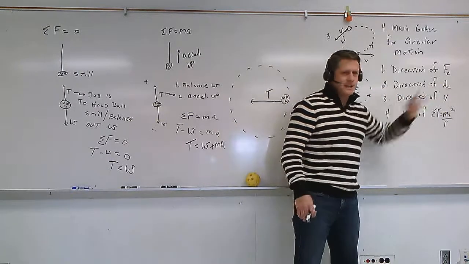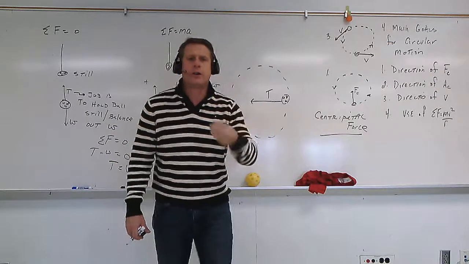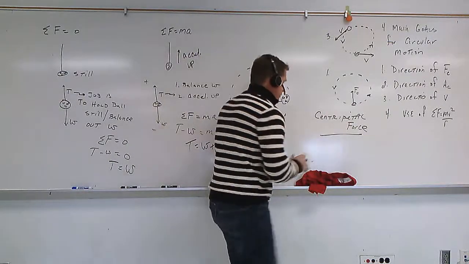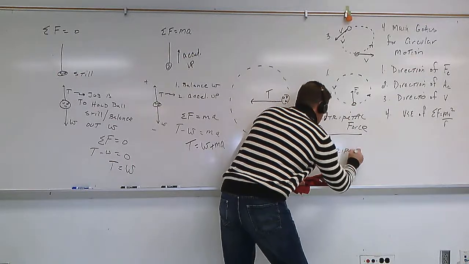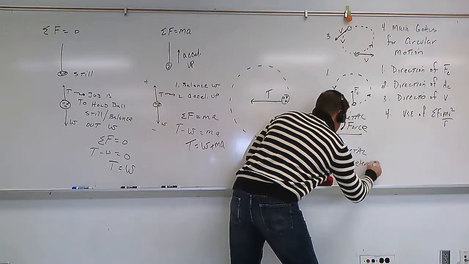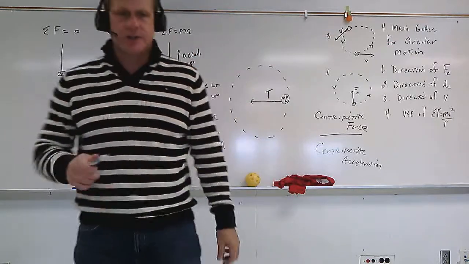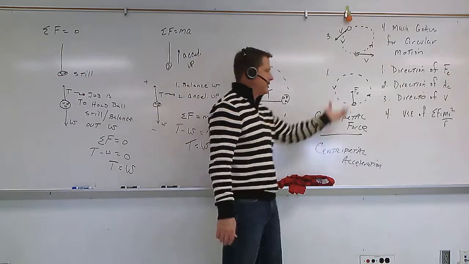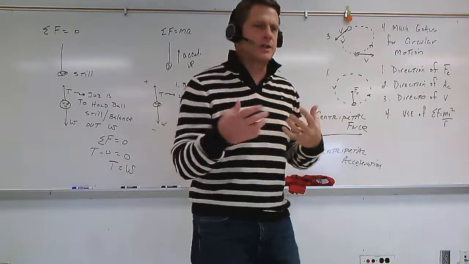In addition to centripetal force, forces cause accelerations. So a centripetal force causes a centripetal acceleration. Now the word centripetal, if you look it up, means center seeking. So we have this force that is pushing objects towards the center of the circle. Forces cause accelerations.